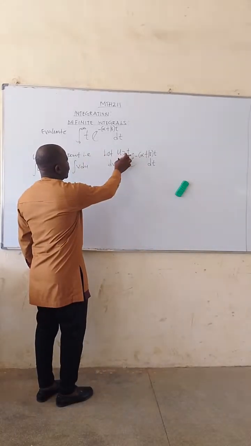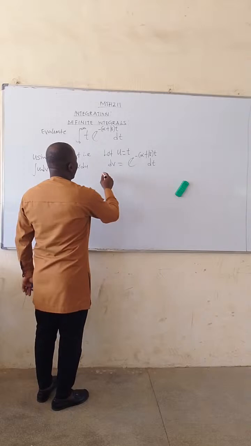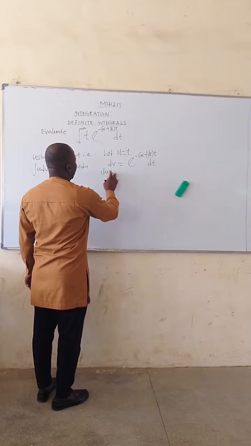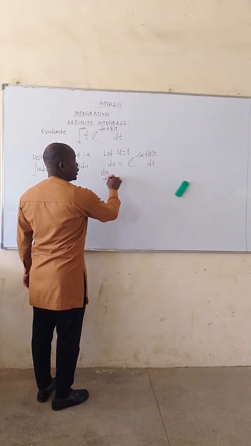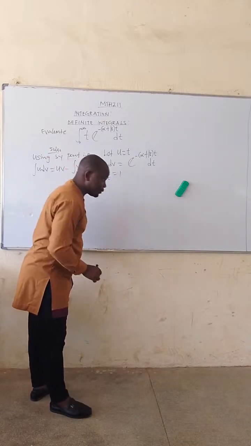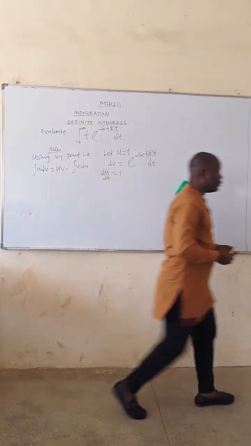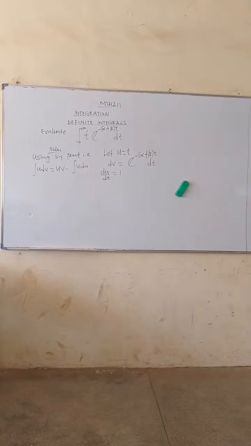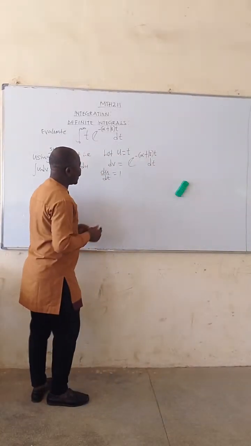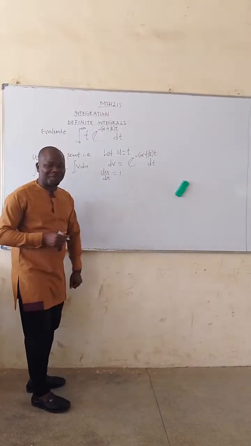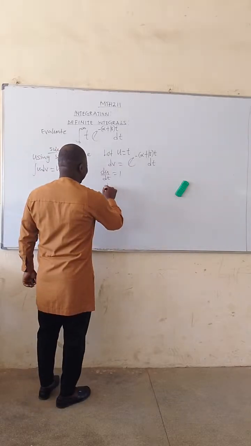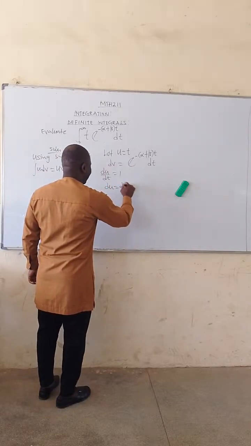So if we differentiate this function with respect to t, we are going to have du over dt equals 1. Amen? Okay. So du is equal to dt.